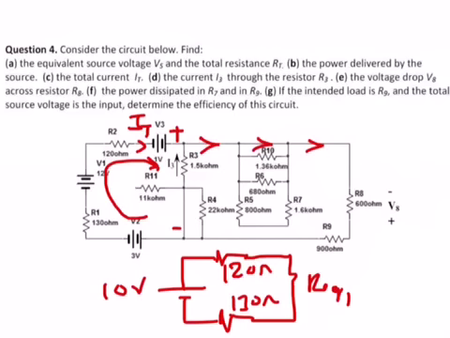Yes, the source voltage is simply 10 volts. We have now to find the total resistance. We have now to redraw the circuit after we remove that branch because it's been shorted out. After I have removed R4 because it has been shorted out, after I remove R11 because it's hanging in the air, and after I move that node to here because this one and this one are short circuited.